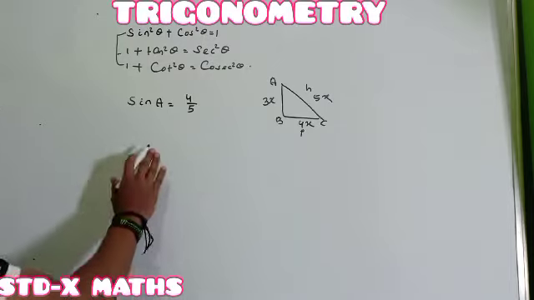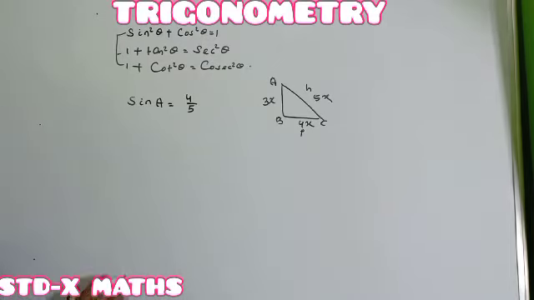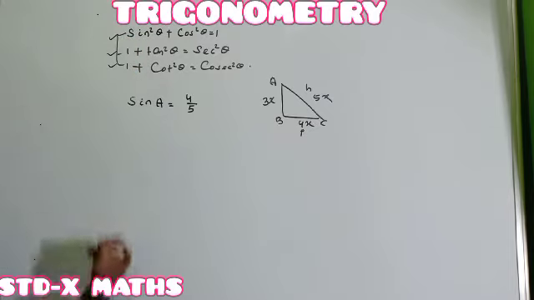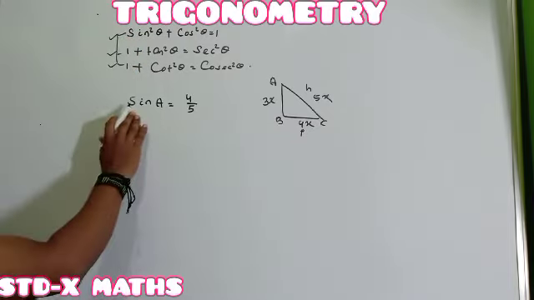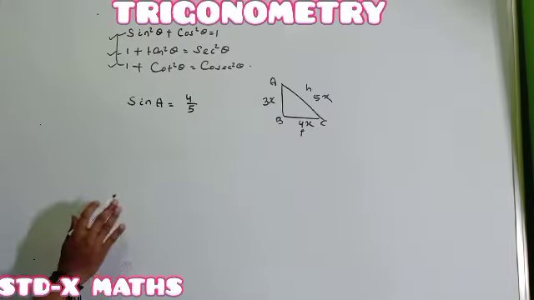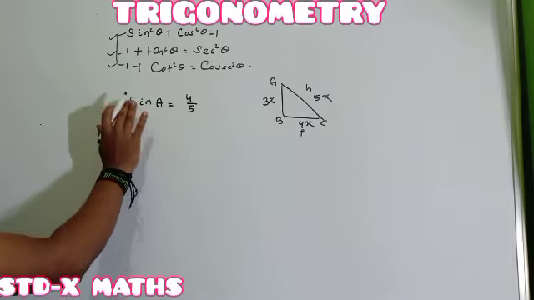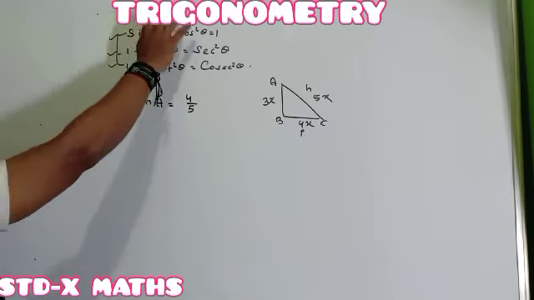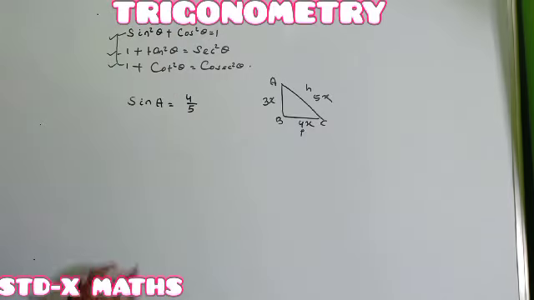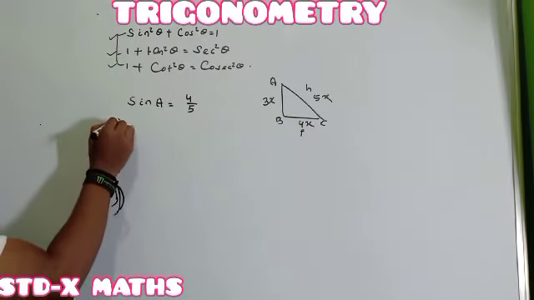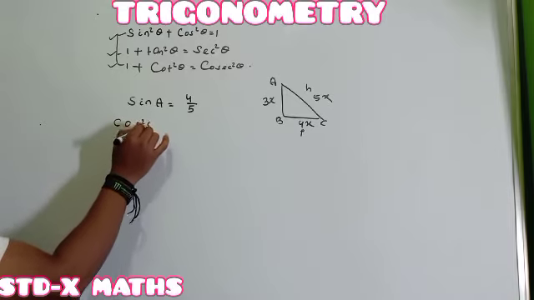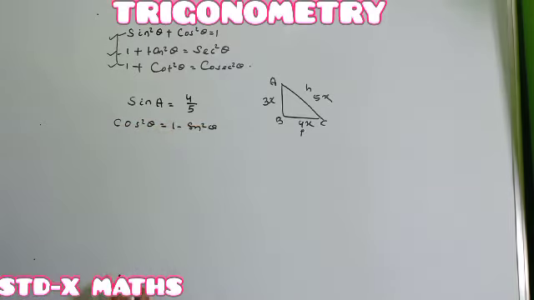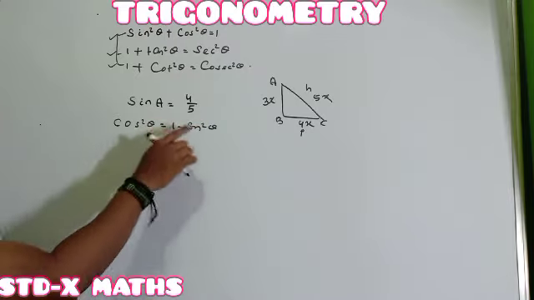But the same question, how can we solve it easily? By taking the help of our three trigonometric identities. See, sine is given. The first target is in which trigonometric identity sine is present. Sine is in this trigonometric identity. So from this identity, can I write directly cos square theta is 1 minus sine square theta? Cos square theta is this much.